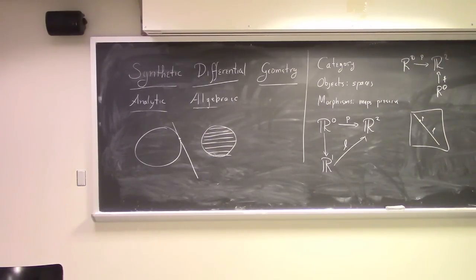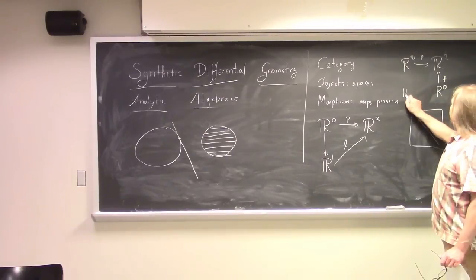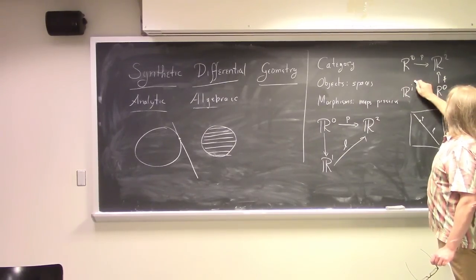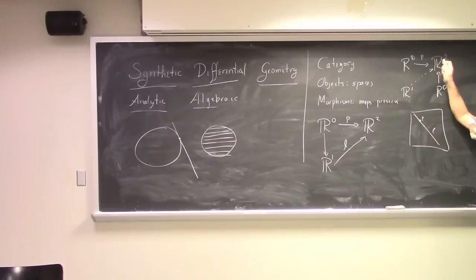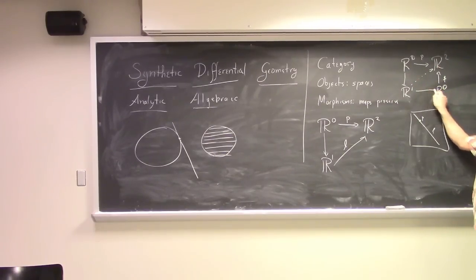Then if you remember, what did Euclid's first axiom say? Given 2 points, there's a unique line that connects the two. And so what does that mean in category language? Well, it means that there's going to be a unique map from the line that makes this diagram commute.